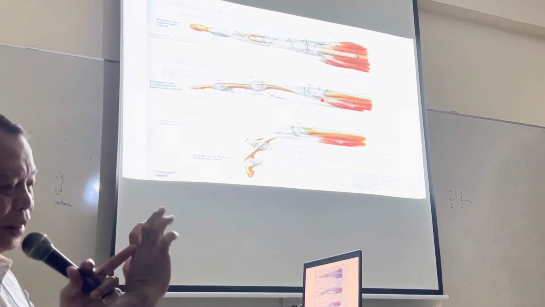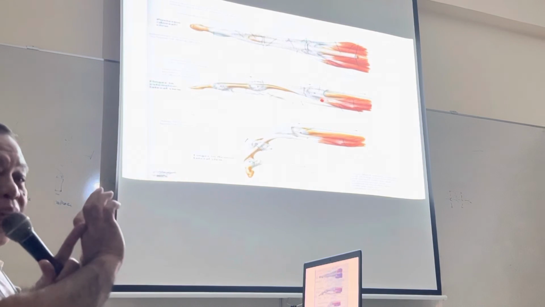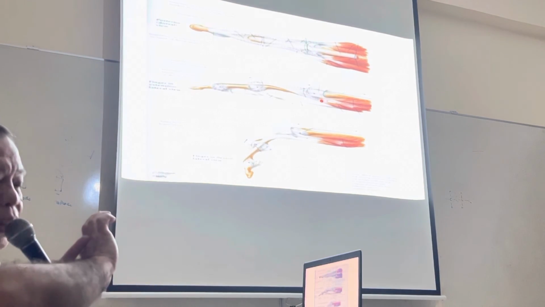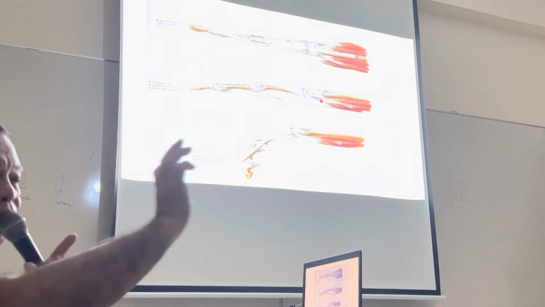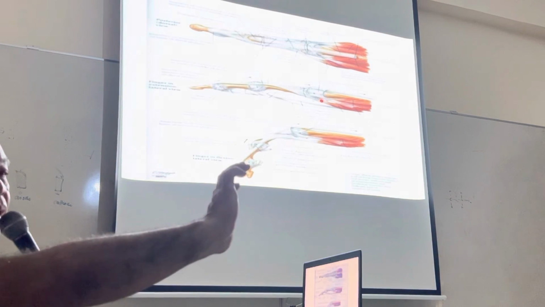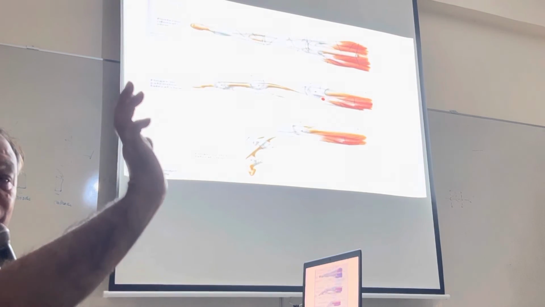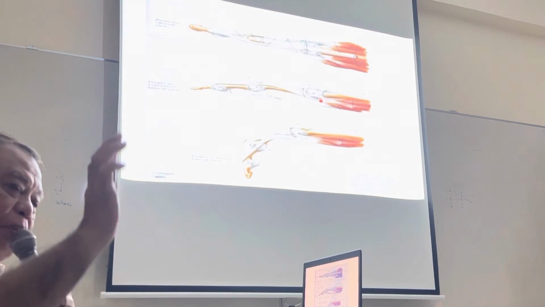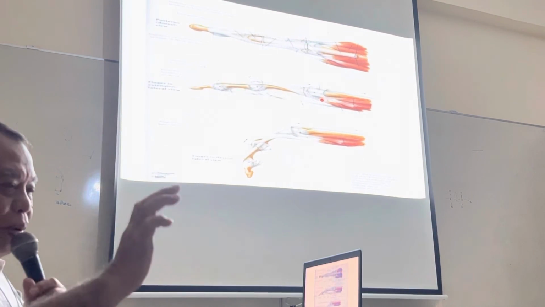You will notice that in a claw hand, there is hyperextension of the metacarpophalangeal joints, especially the fourth and fifth. Claw hand is an injury to what nerve? The ulnar nerve, which supplies all the interossei.